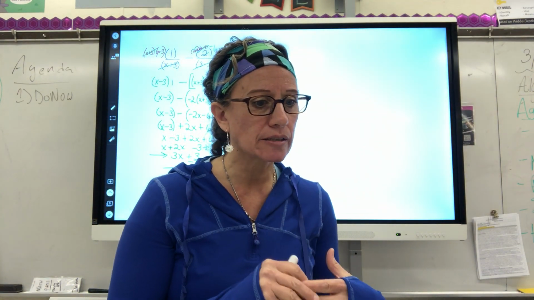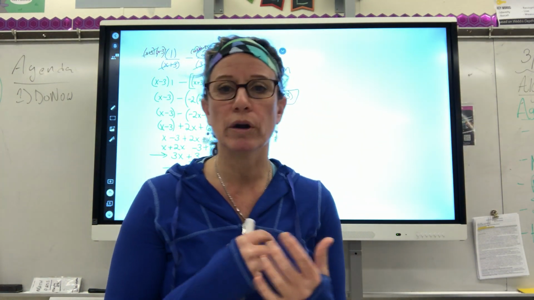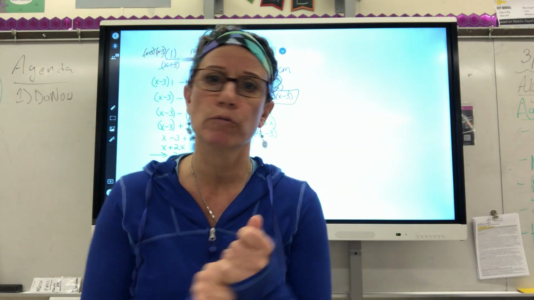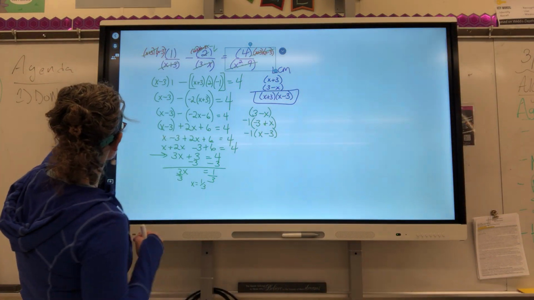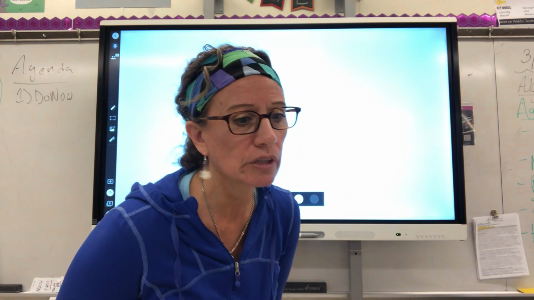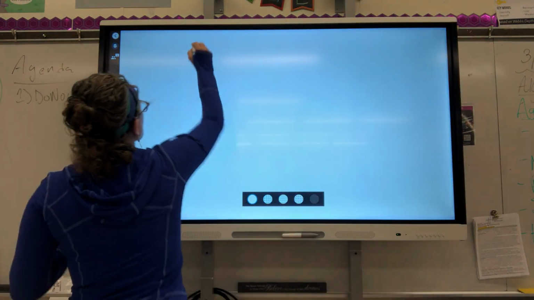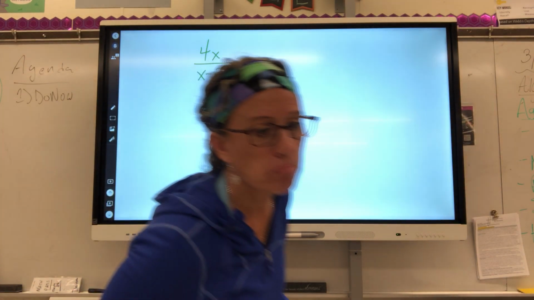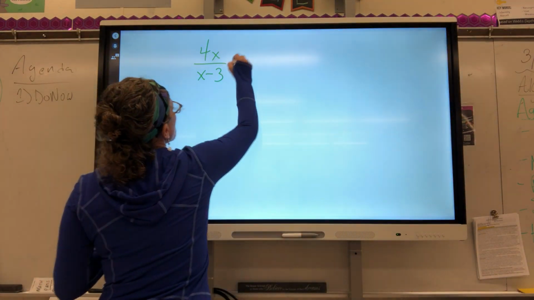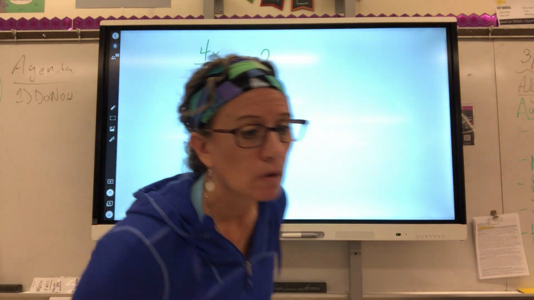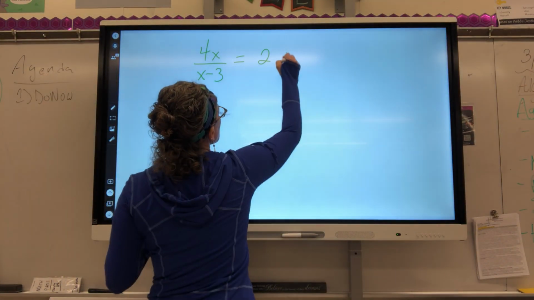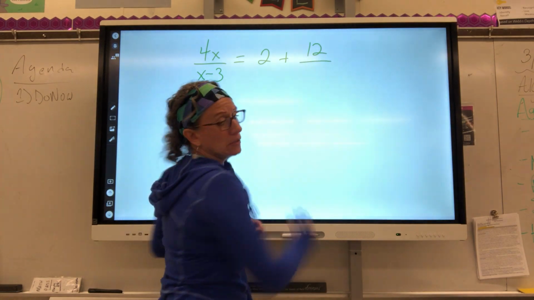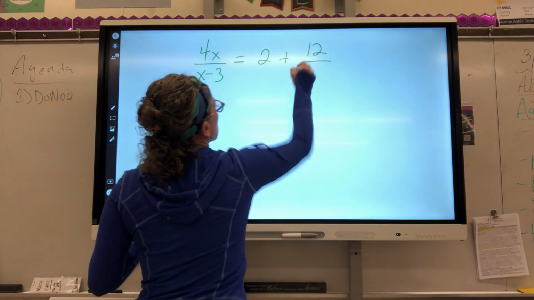Okay, so my very last example, I'm going to show you one where there is no denominator under one of the terms. Okay, so last example is 4x divided by x minus 3 equals 2, no fraction, just 2, plus 12 divided by x minus 3.